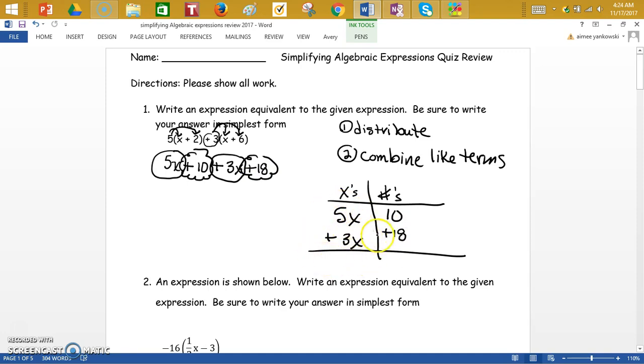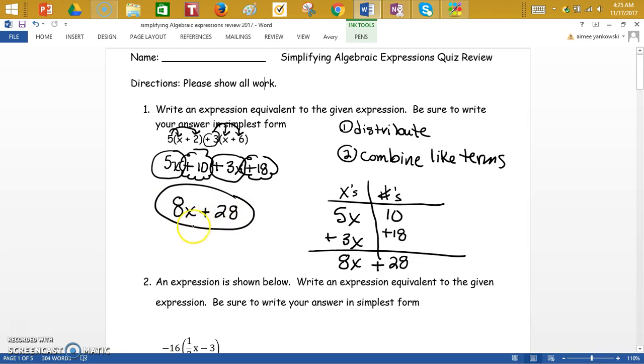Okay, now I'm going to just combine these like terms. 5x and 3x, if I have 5x and 3x, I have 8x. If I have 10 and 18, I have a 28. It's a positive 28, so my final answer is 8x plus 28.